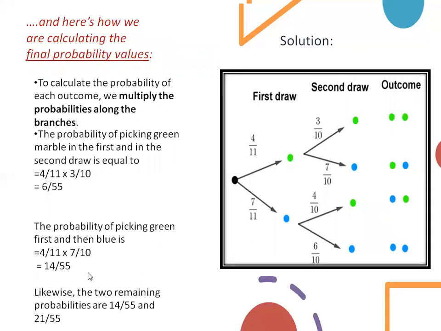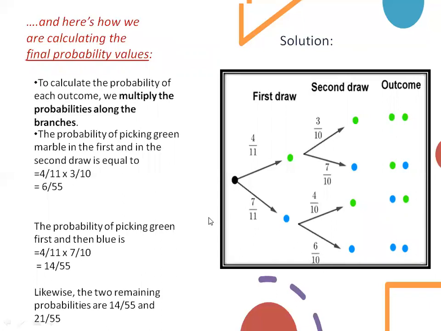Likewise, the 2 remaining probabilities are 14 by 55 and 21 by 55, which you can calculate over here. For getting blue and green, we can simply multiply these 2 values, and to get blue and blue, we have to multiply these 2 values.